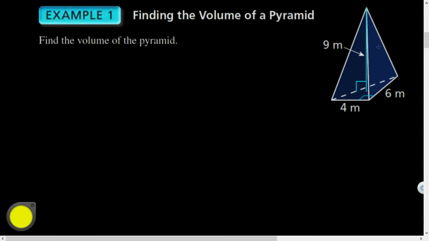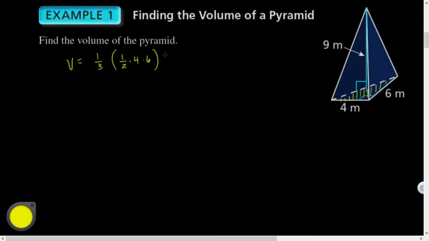So now that you know that, we could calculate these volumes pretty easily. This is a triangular pyramid, so I would find the volume by doing 1/3 the area of the base. In this case, the base is a triangle, so that formula is half the base times the height, 4 and 6, multiplied by the height of the pyramid.